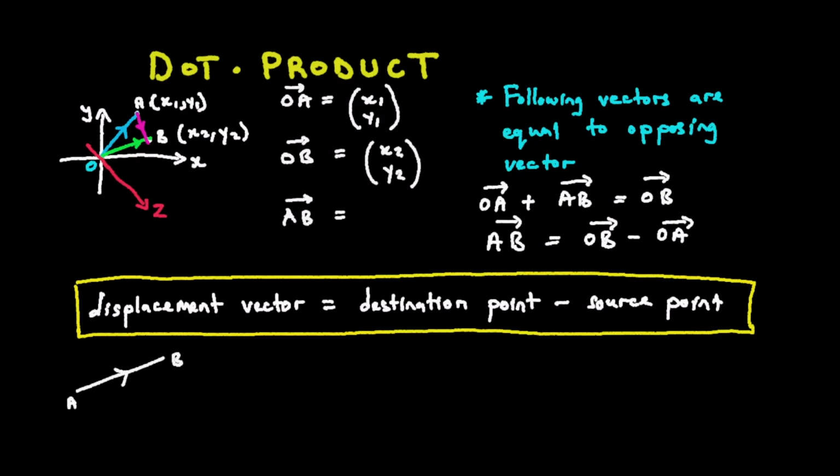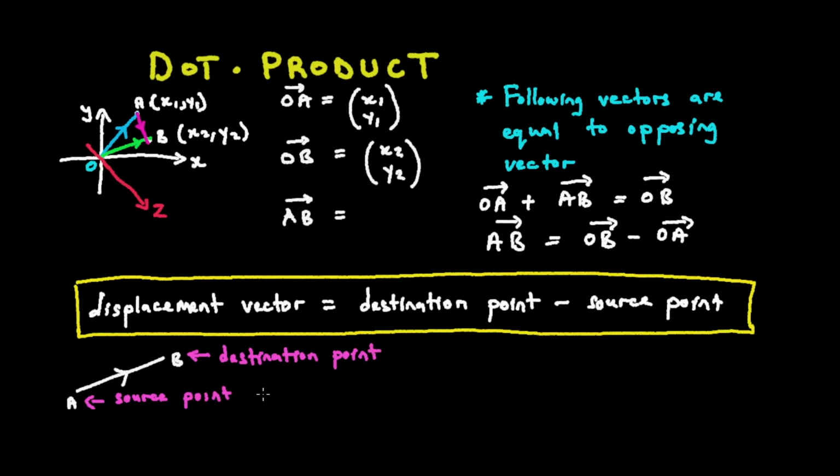So this A is where we are starting, so it is the source point, where we started from. Then this B is where we are ending, so it is the destination point, where we are ending.